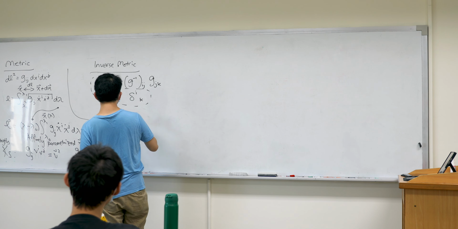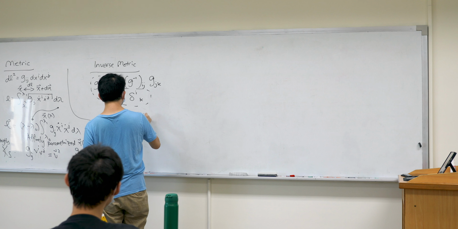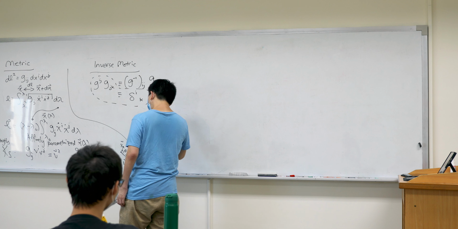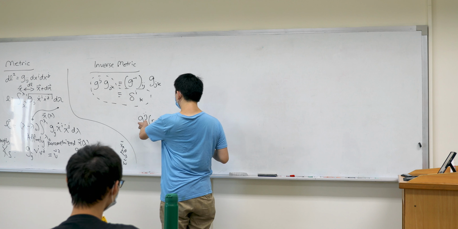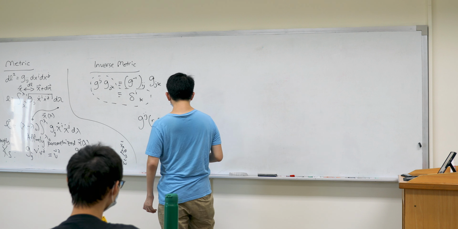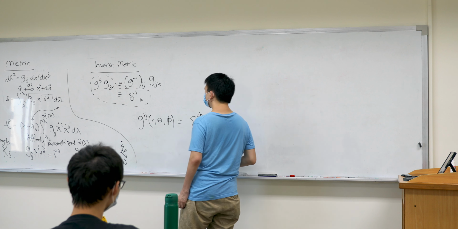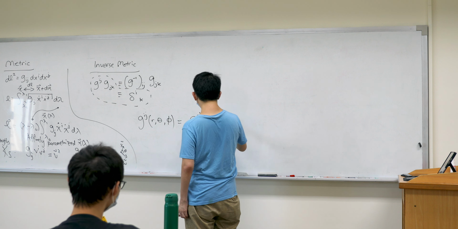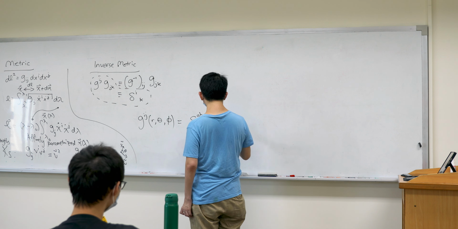So, for example, in your homework, you will work out G^ij in Cartesian coordinates and in spherical coordinates. How do you get this? Remember, how do you get what from one coordinate system to the other? These are the r theta phi system indices. And if you start from the Cartesian inverse metric, then you have to contract the x indices with the x indices, so these are the x indices.